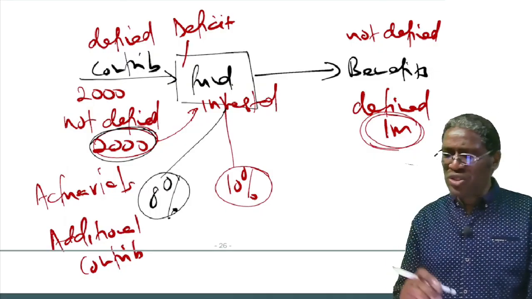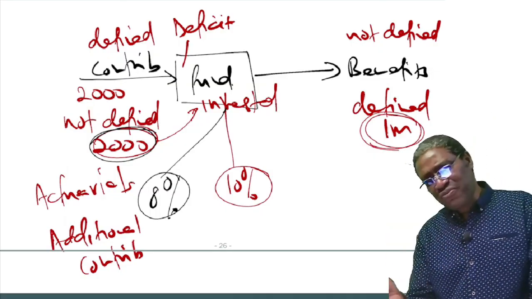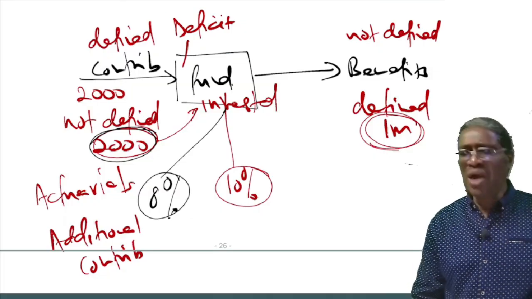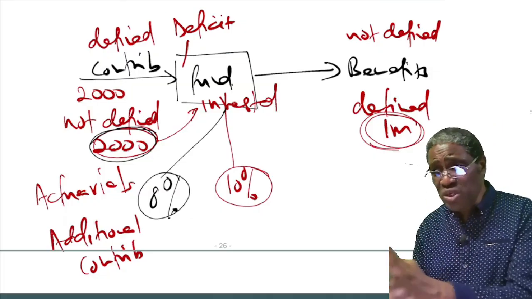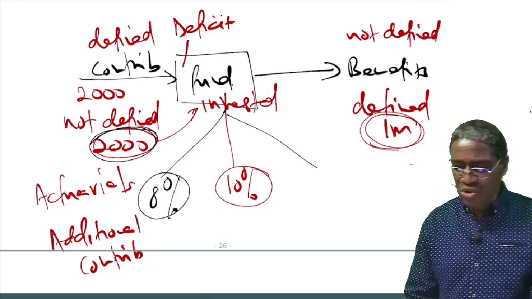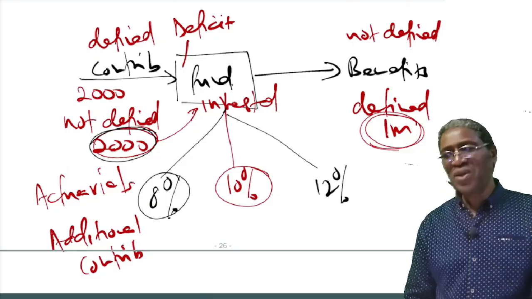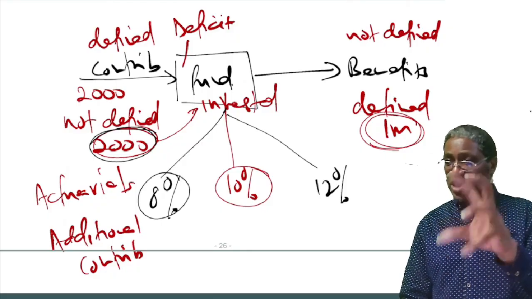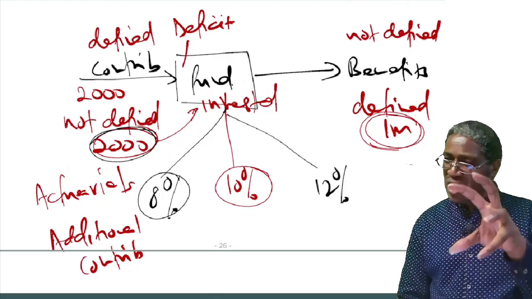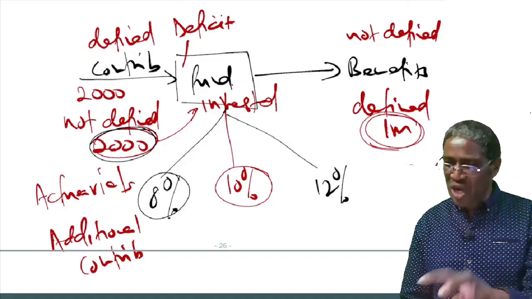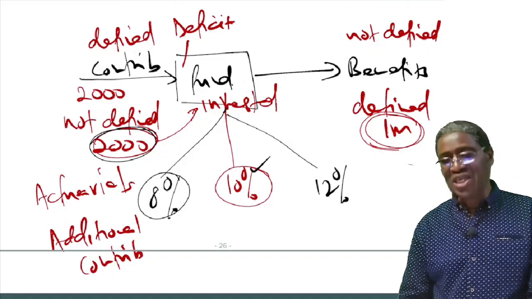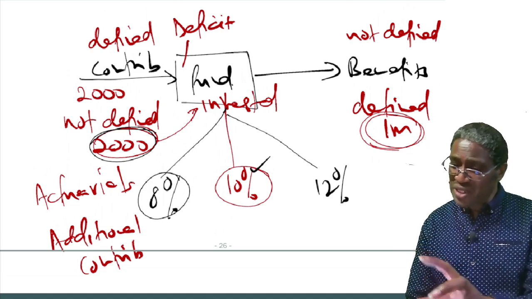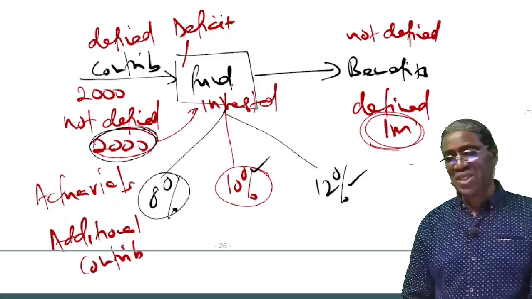But then the question now is, what if we projected 10%, fine, but now we are no longer earning 10% after 2 years? Maybe we are earning now 12%. What happens? We agreed with the actuaries and with the funding agent that we'll be making a contribution of 2,000. We were expecting it to earn a return of 10%, but now it's earning 12%.